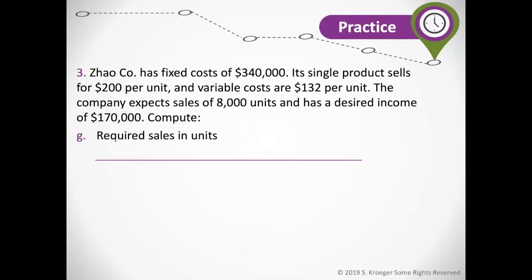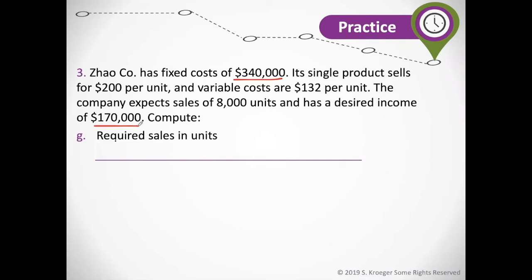This is part G. We want to find the required sales in units with the same information we've been working with. The formula to calculate required sales in units is fixed costs plus target net income divided by contribution margin per unit. What are our fixed costs? $340,000 plus our target net income, which is $170,000.